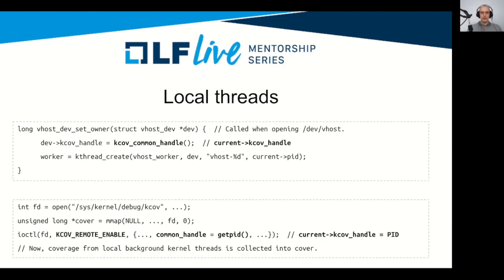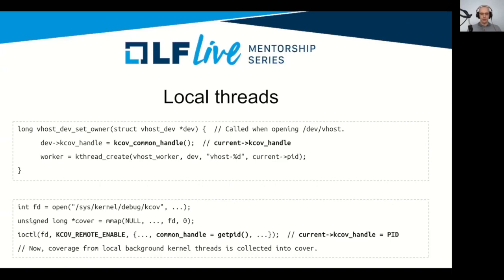And then in the syscall handler that actually creates that local thread, you take that KCOV handle from current and you pass it into a structure that is passed to this thread. Normally whenever a kernel thread is created, some kind of data is going to be passed to it. In this case, we're looking at the example of vhost. Whenever you open a dev vhost device, this function is going to be called, and it's going to create a thread that handles this device.